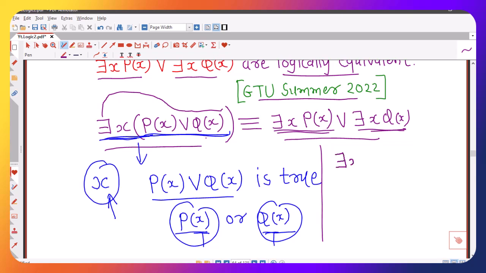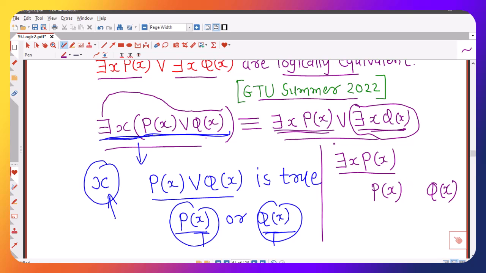Now if we think about this part, here we have there exists x px or there exists x qx. What is the meaning of this? There exists x px means there is at least one x such that px is true. There exists x qx means there is at least one x such that qx is true, and we are joining them by disjunction.